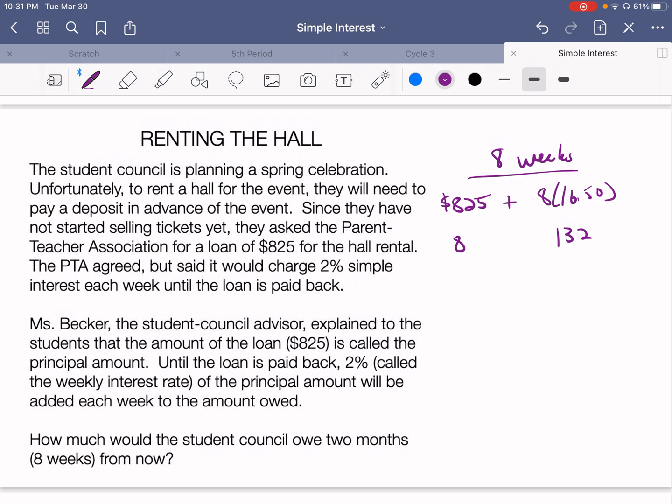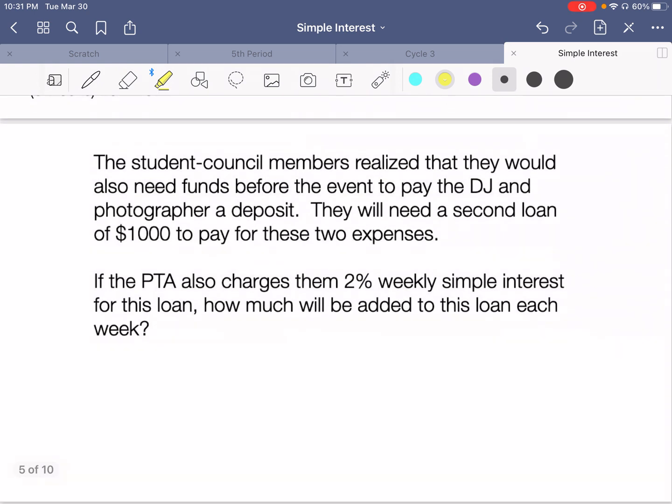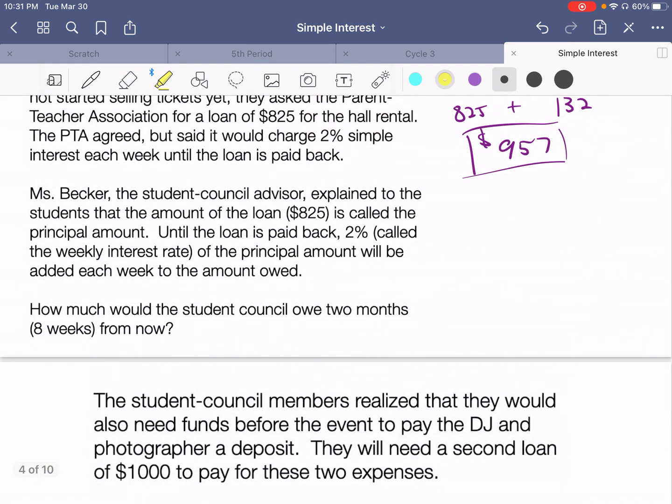So I have 825 plus 132, and the student council would owe $957, right? But the key with this is really just this idea that we can just multiply that interest rate by the number of weeks.